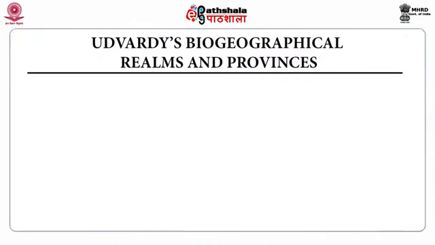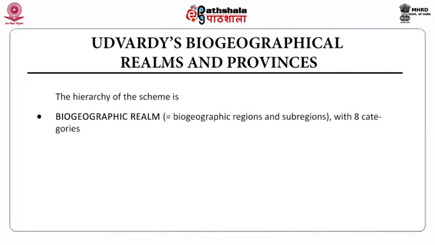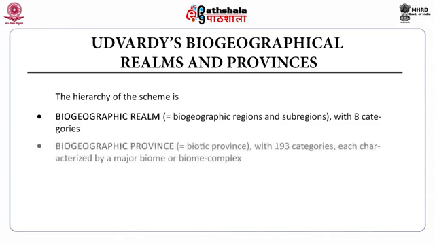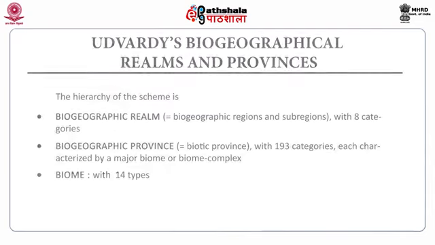Woodward's biogeographical realms and provinces. The hierarchy of the scheme is, we have first the biogeographical realms, biogeographical regions and subregions with 8 categories, then biogeographical province, biotic province with 193 categories, each characterized by a major biome or biome complex. There are 14 total biomes.